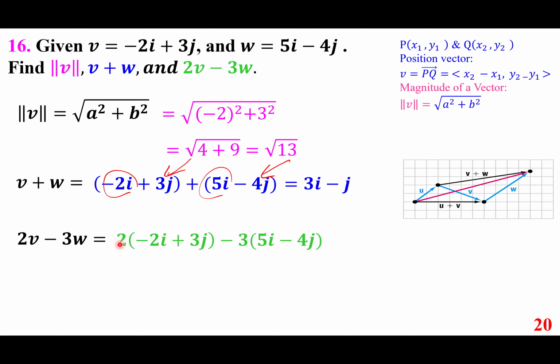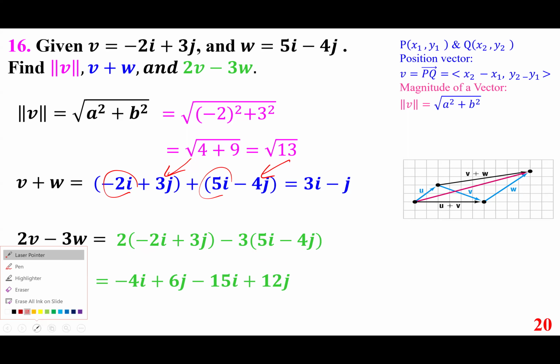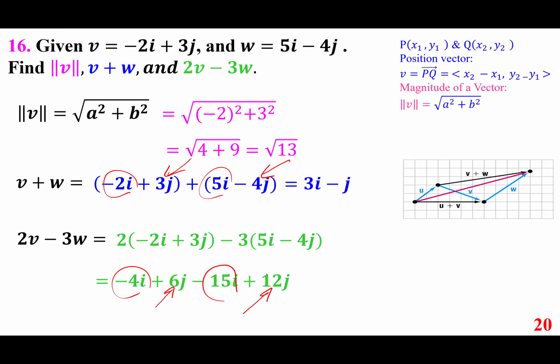We get minus 4i plus 6j minus 15i plus 12j. These two add up to negative 19i, and these two add up to 18j.